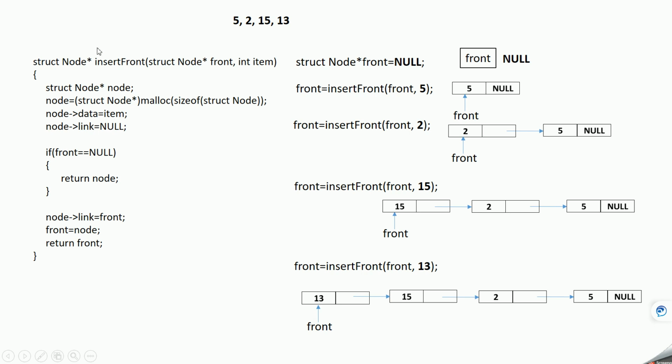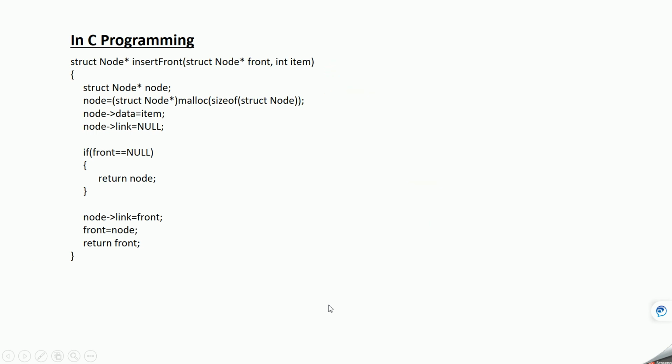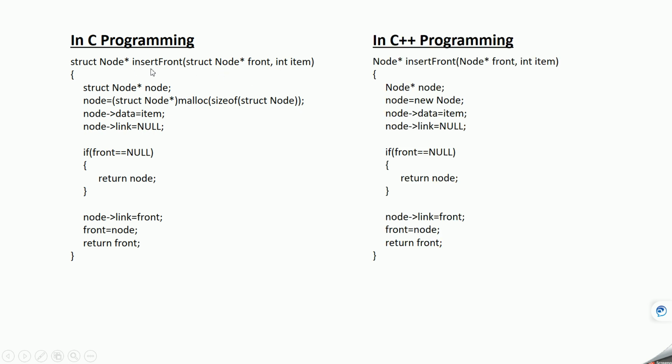So this is code written in C programming, C style. The same thing we can do in C++. So this is a C program. Basically, this is a C style function. Same thing we can do in C++ like this. Here, instead of giving struct node, you will just give node, and here also the same thing.